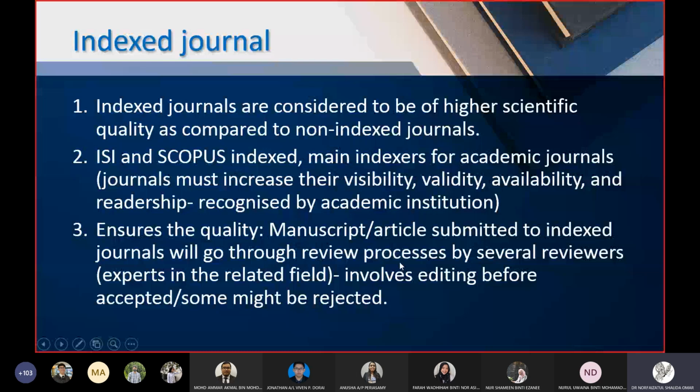Let's say it's a study on COVID-19, so these papers are reviewed by experts in the field of virology and public health, so that they can give valuable input to know whether the study is really genuine or not.